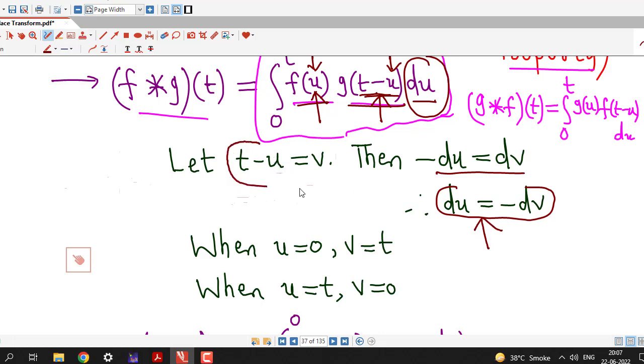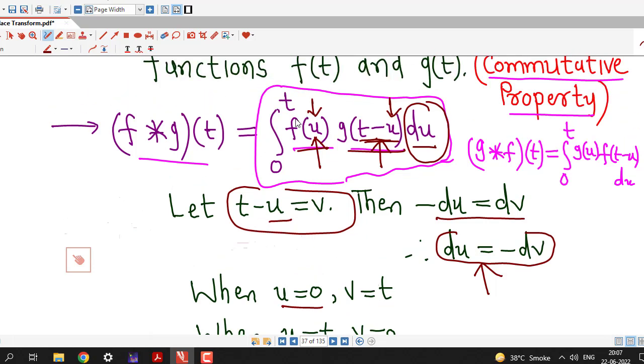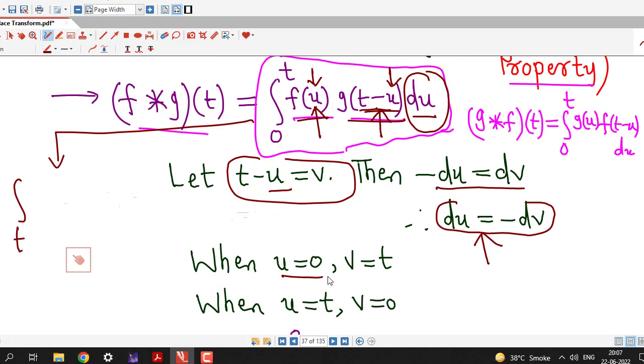Now from this we can find the limits for v. If we take u equal to 0, we will have v equal to t, and if we take u equal to t, v will be 0. Therefore the limits are, for u equal to 0 we have v equal to t, for u equal to t, v is 0.